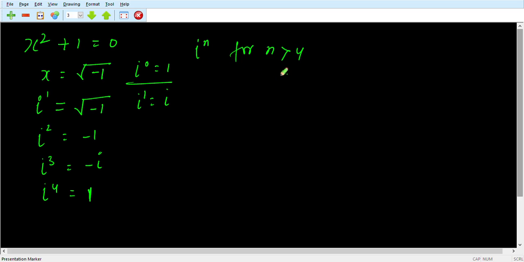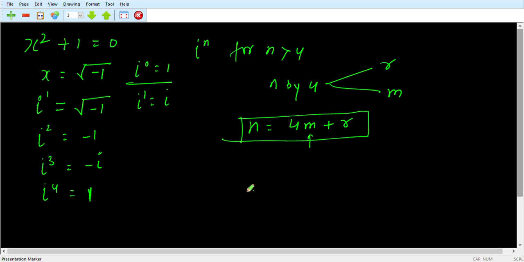If n is greater than 4, we divide n by 4 and obtain the remainder r and quotient m. By the logic of division, we can write n is equal to 4 times m plus r, because m is the quotient, r is the remainder, and n was divided by 4. So instead of writing iota to the power n, we can write iota to the power 4m plus r.